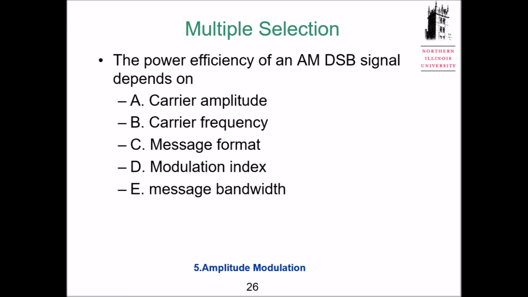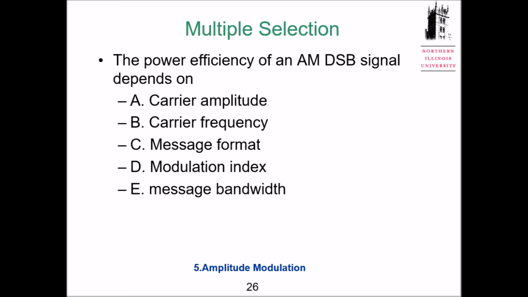How about message bandwidth? How about bandwidth? We have M, right? So modulation index does matter. It's a very important parameter. How about carrier amplitude?